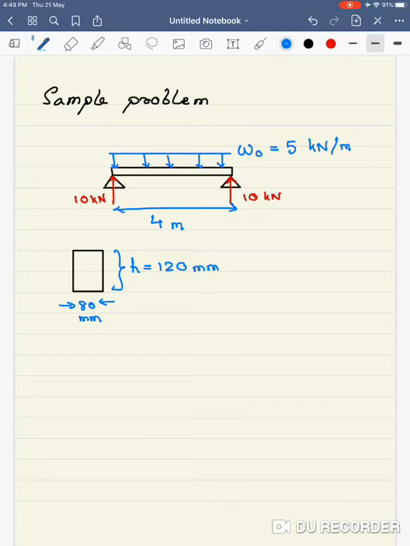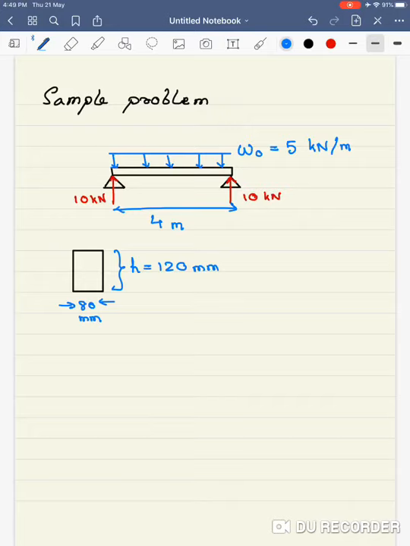I want you to give it a moment to think. This problem should remind you of, I believe, something I have done in class.